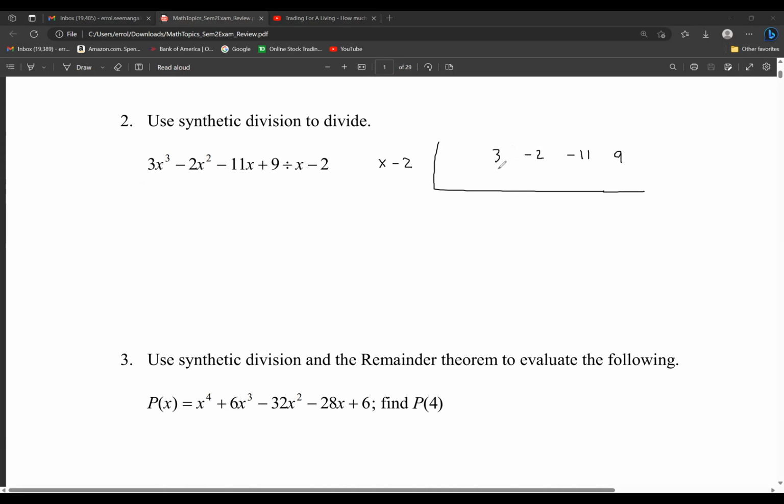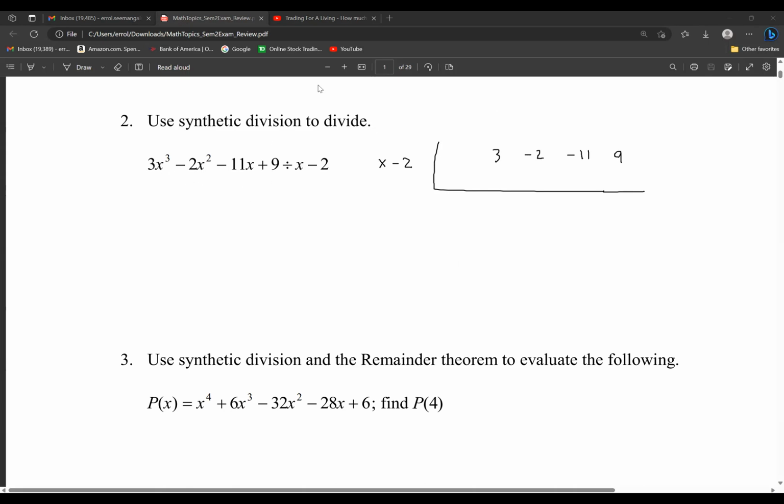Okay, so the idea is the same kind of idea. We want to get a number here so that this becomes 0, this becomes 0, this becomes 0. And then we'll see what's left down here. That's the general idea. All right, so first we put it in decreasing order, right? 3, 2, 1.